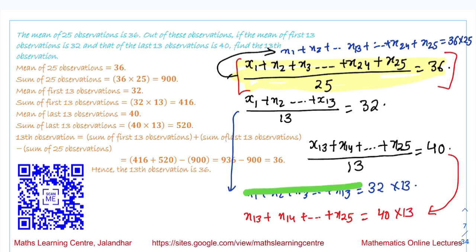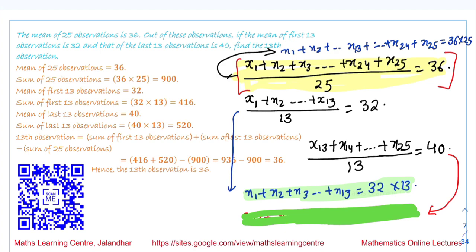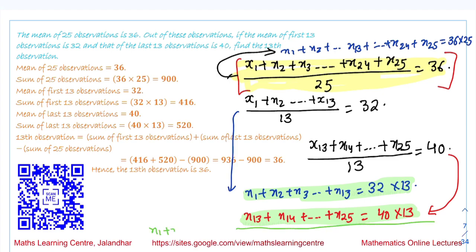Now if we add these two equations, we get x1 plus x2 and so on up to x13, plus x13 plus x14 and so on up to x25.